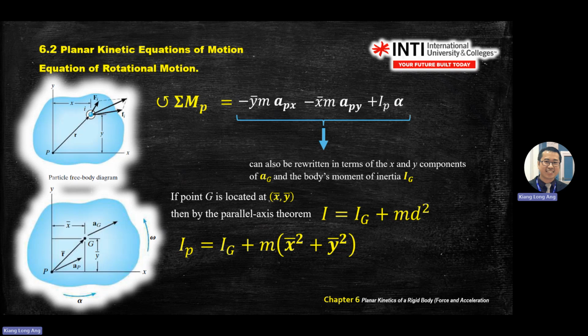This is the d. How do you find this d? This is a rectangular, so r squared equal to x squared plus y squared, square root, you get this one. Still the same, although there are different notations there. We're still looking at I equal to Ig plus md squared.